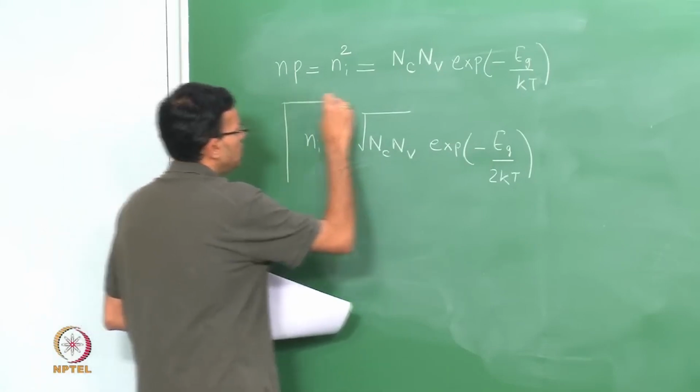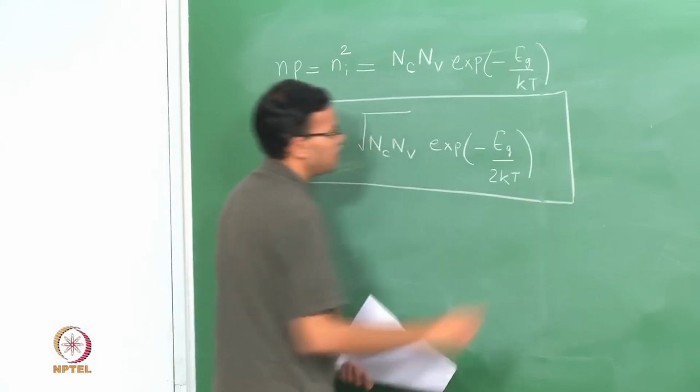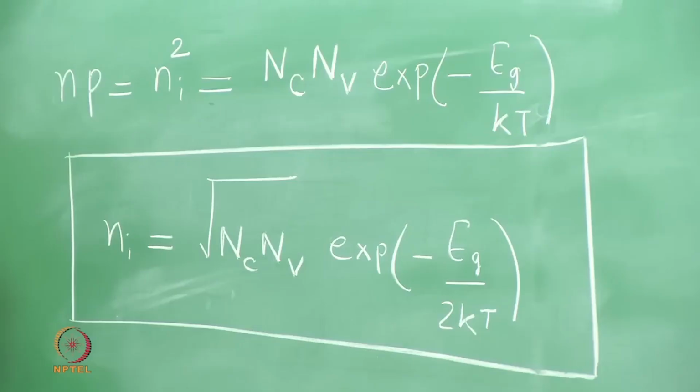This is the expression for the carrier concentration, the concentration of electrons and holes in an intrinsic semiconductor as a function of temperature.